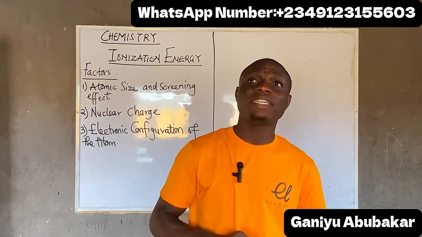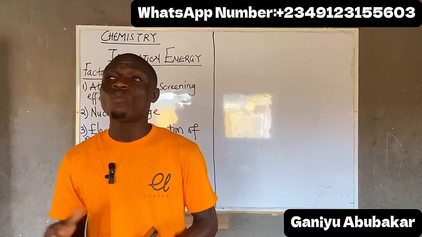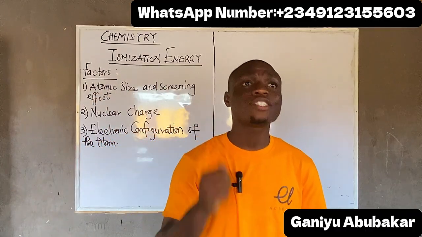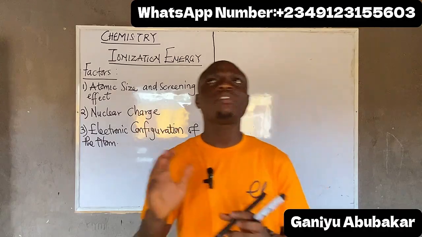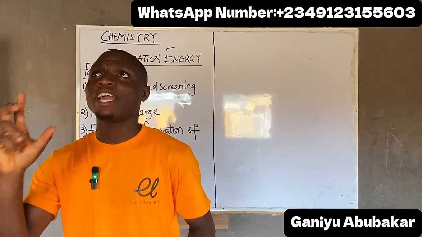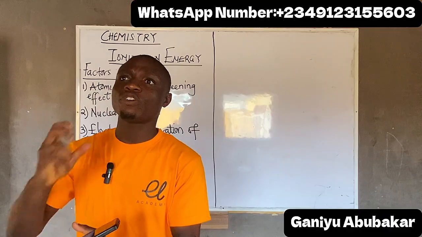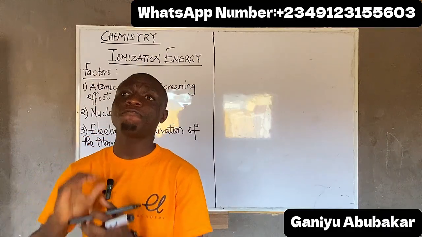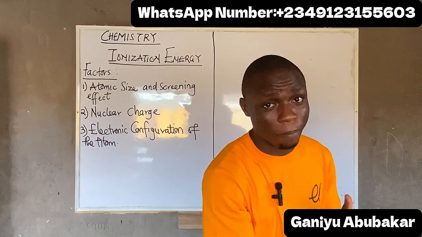It's possible for an atom to lose an electron when sufficient energy is applied to it. If the energy is powerful enough, it could remove an electron from the atom, right?